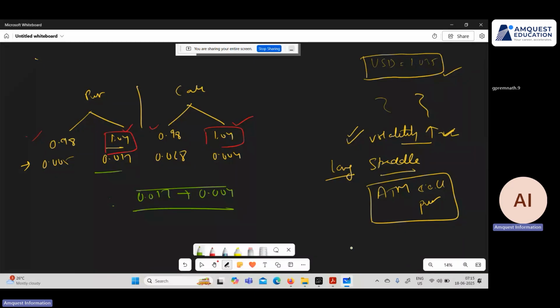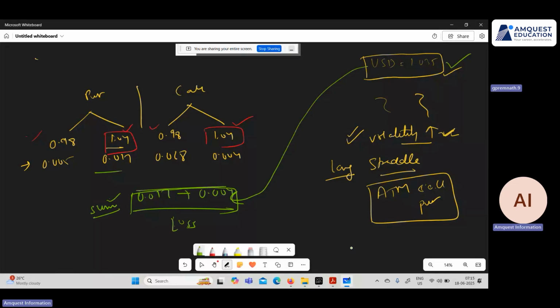So ultimately, when the stock price is this much, it should at least increase by the sum of this for me to break even. And if it doesn't move, then this is my loss.